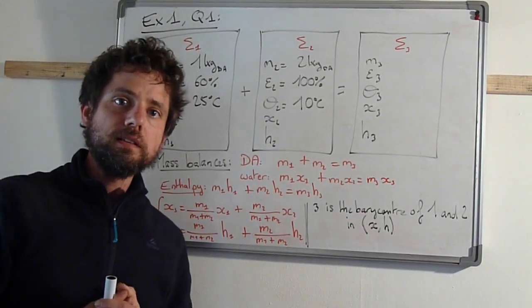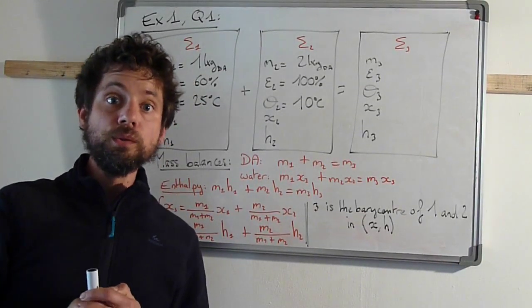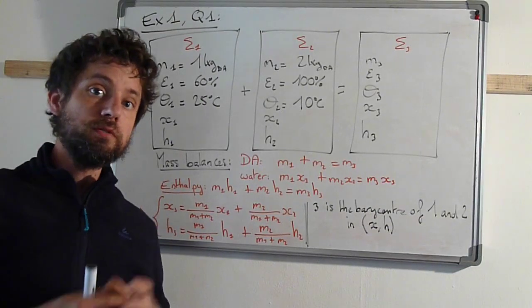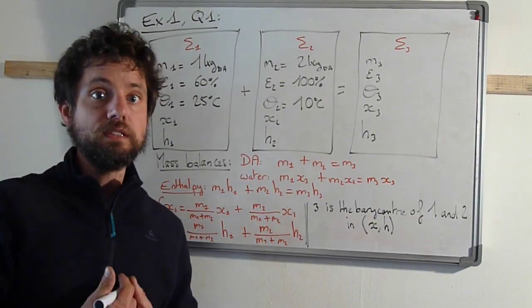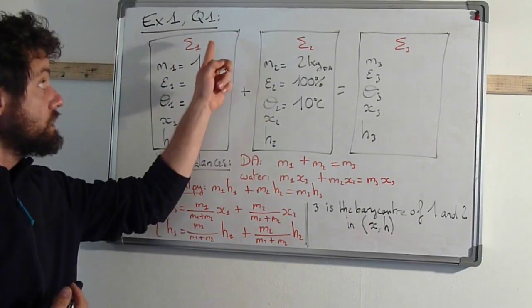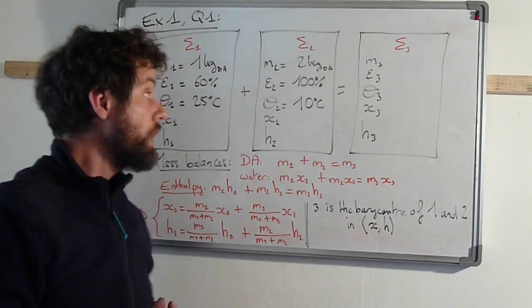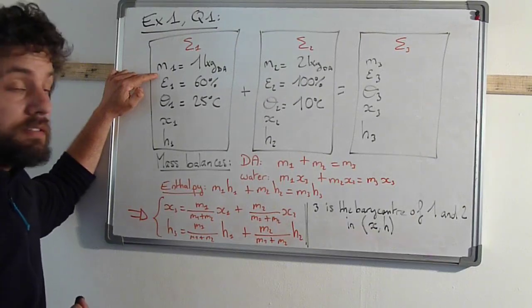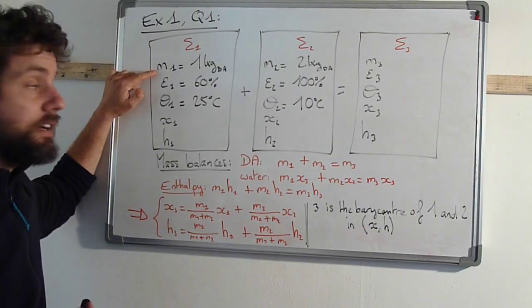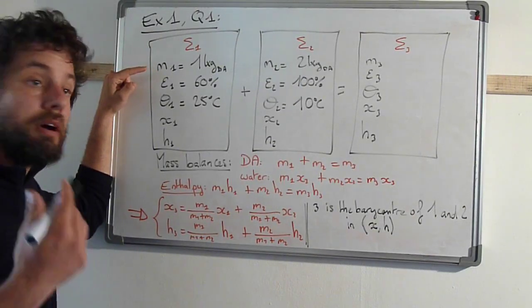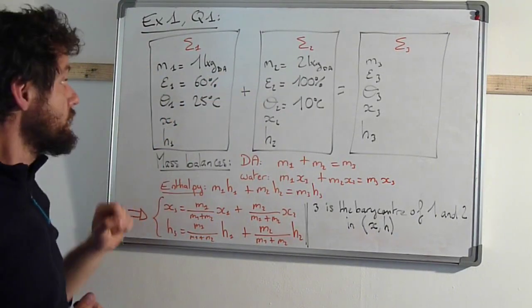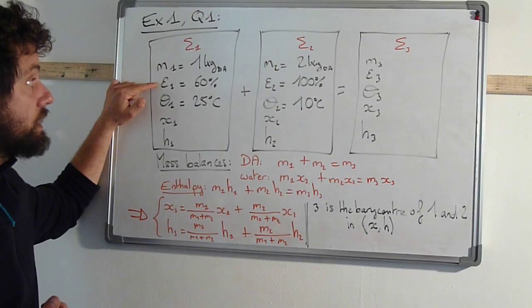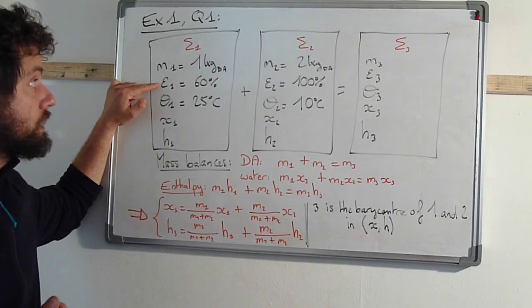In this first exercise, we consider two different systems of moist air that will be mixed and form a third system. The first system, number 1, has a mass defined by the mass of dry air of 1 kilogram and a relative humidity of 60%.